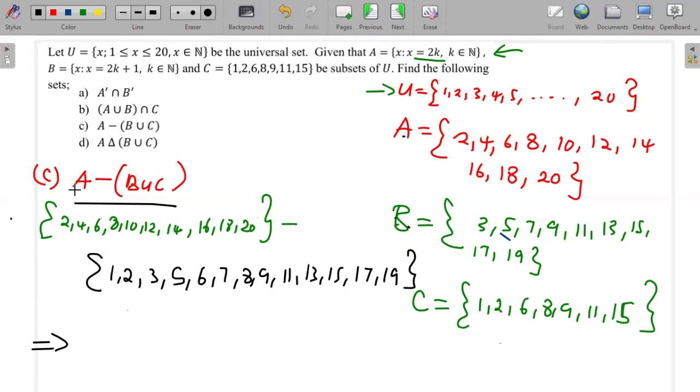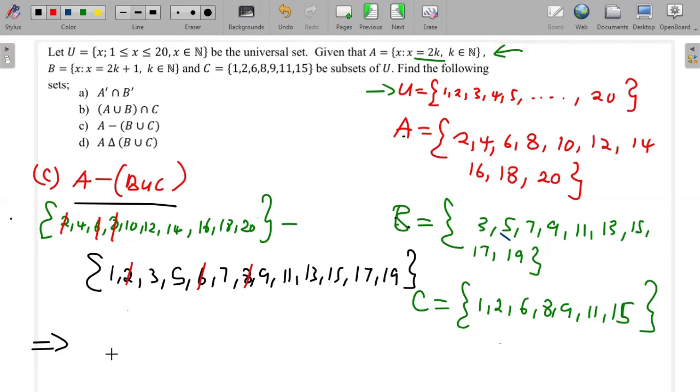All right, so now I was saying this set here is the same as if we remove all the common elements between A and B union C from the set A. So what is common there? 2 is common, 4 is not common, 6 is common, 8 is common, 10 is not common, 12, 14, 16, 18, 20 are not common.